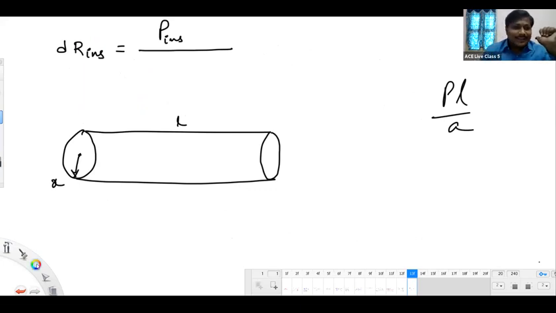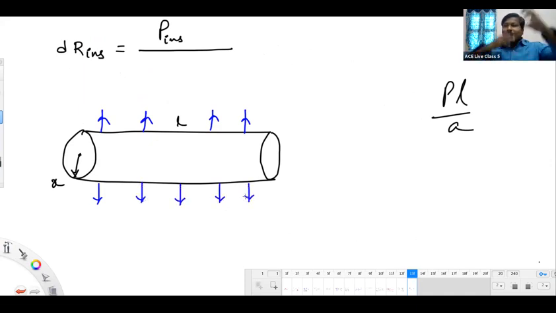Look here, please. Whatever the insulation current we talk about now will be radially outward from the surface of this hollow portion.